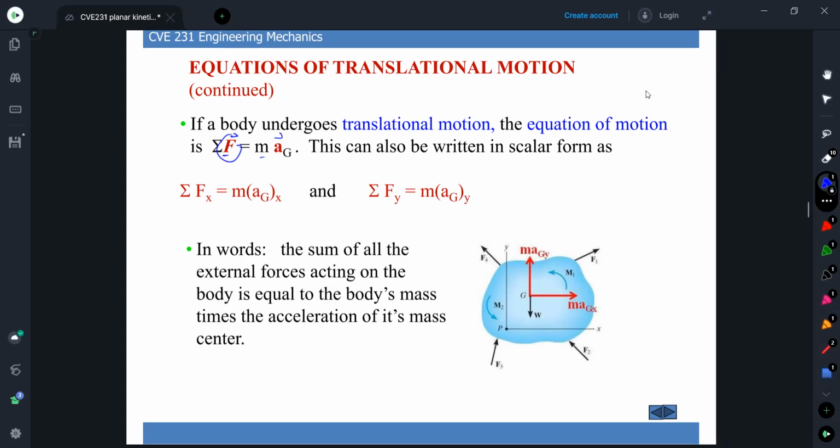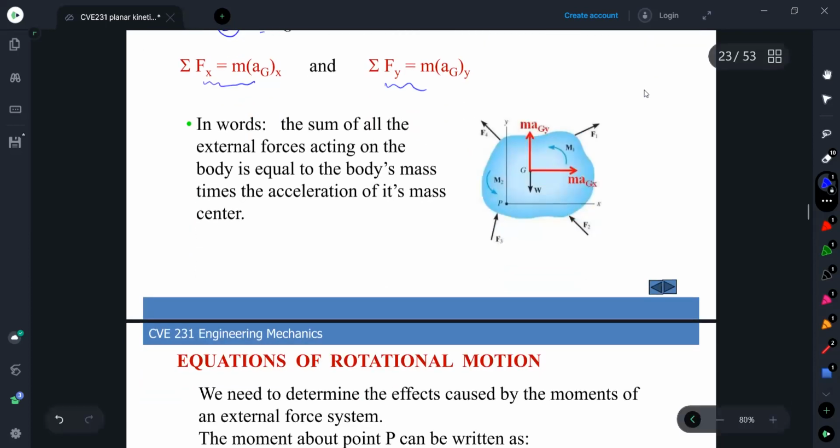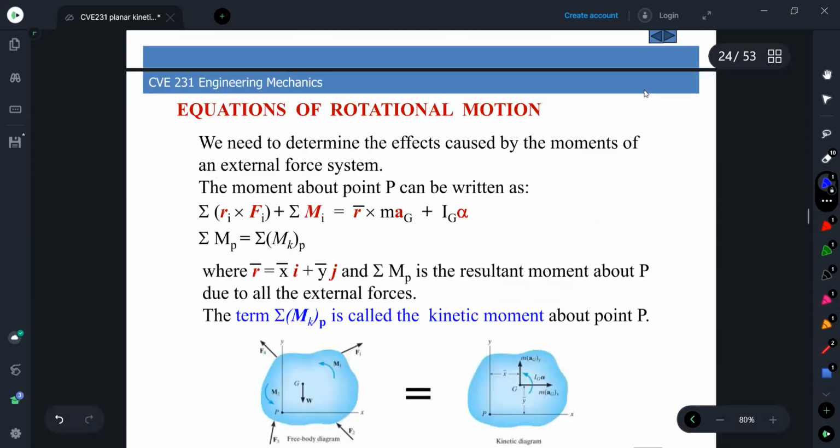This equation can be written in scalar form for the case of planar motion. It decomposes into two equations: summation Fx equal to ma in the x direction and summation Fy equal to ma in the y direction. And if the body is subject to a moment, it tends to have rotation also.